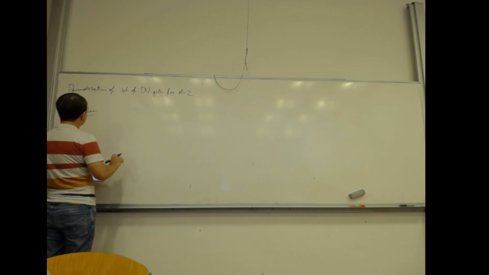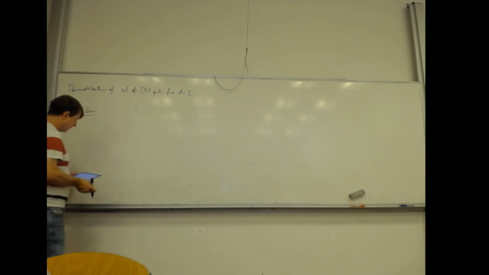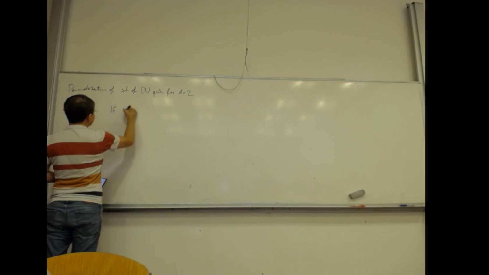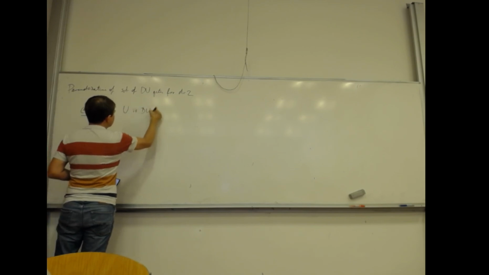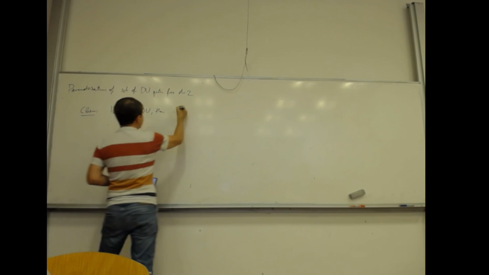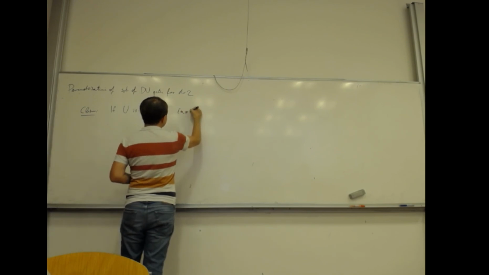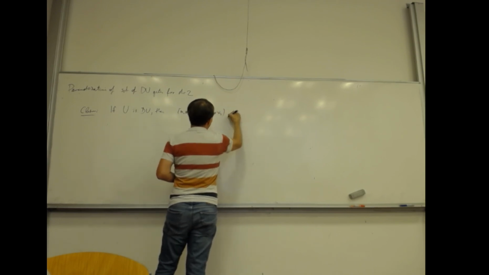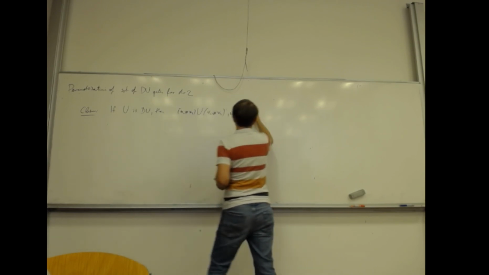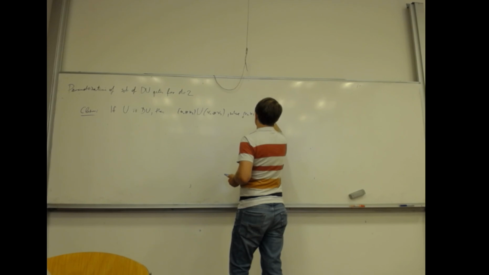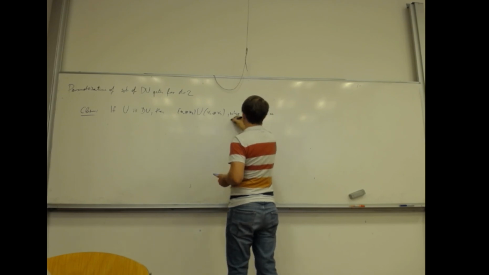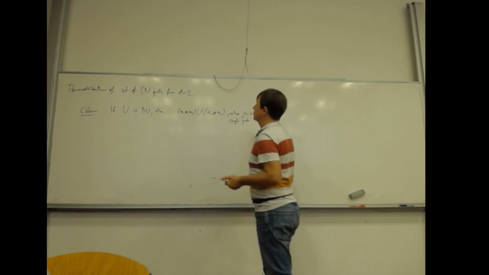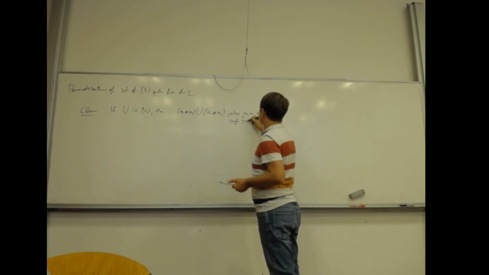But one claim which is probably worth thinking about is: if U is dual unitary, then the product of U1, U2, U, V1, V2, where U1, U2, V1, V2 are single qubit unitary gates, is also dual unitary.